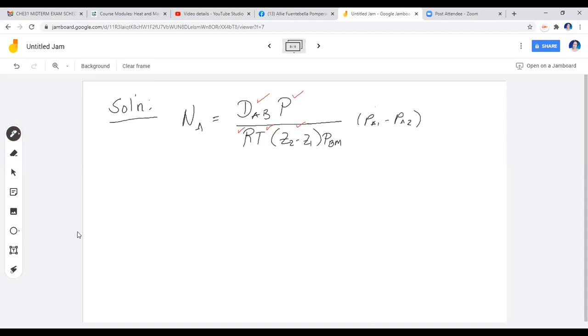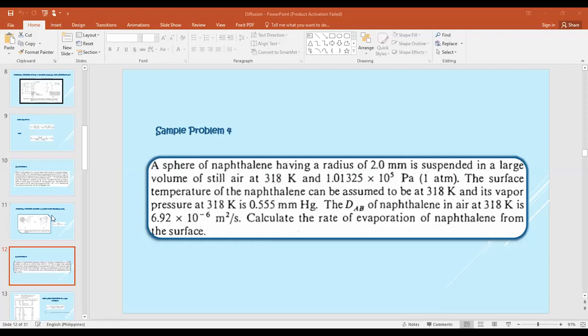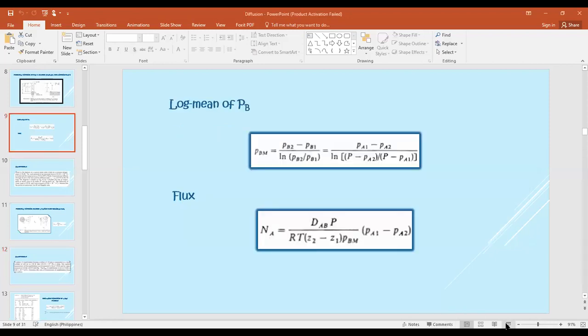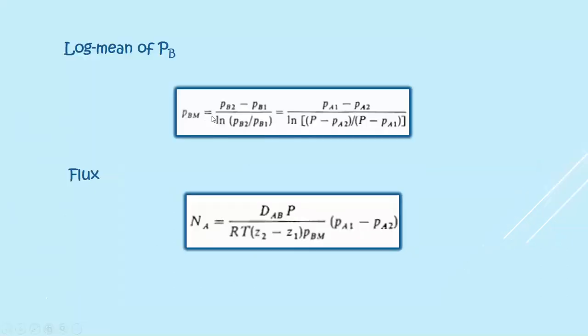So as I have said, a while ago, you have the choice. I'd like to stop sharing here. You actually have the choice of two formulas here, whichever you find simple and direct to the point when you need to solve something. And that formula is this. So either you use this one or you use this one. The thing with using the PB2 is you're still going to need the PA1 and the PA2.